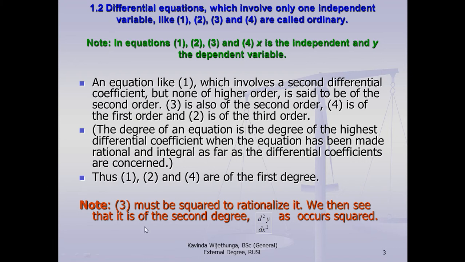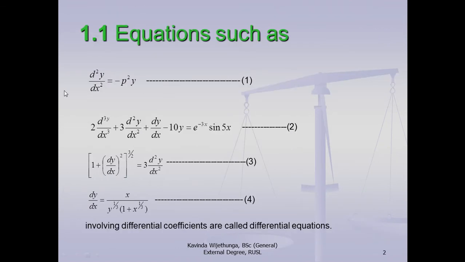Now consider an equation like 1, so we can discuss that equations 1, 2, 3, 4 are first degree. Yes, you can see the highest power here is 1, here d², the highest power is 1, and for 4 the highest power is 1, but 3 we have to rearrange to find the degree, right?